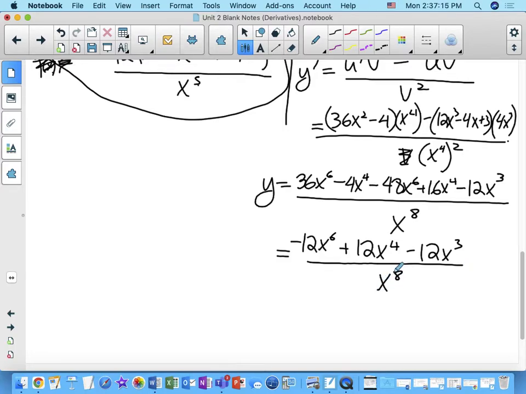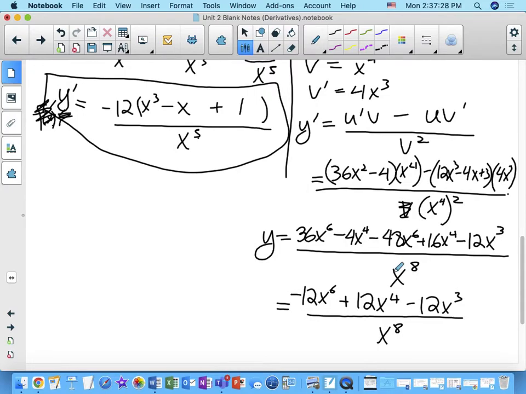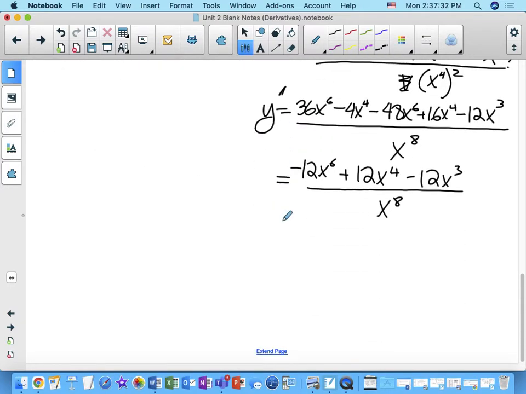This is why factoring is important. So I can factor out a negative 12x cubed. Oh, this should be y prime. My bad, there's the mistake, but I caught it myself, so it doesn't count, right? Numerator, common factor, negative 12x cubed.